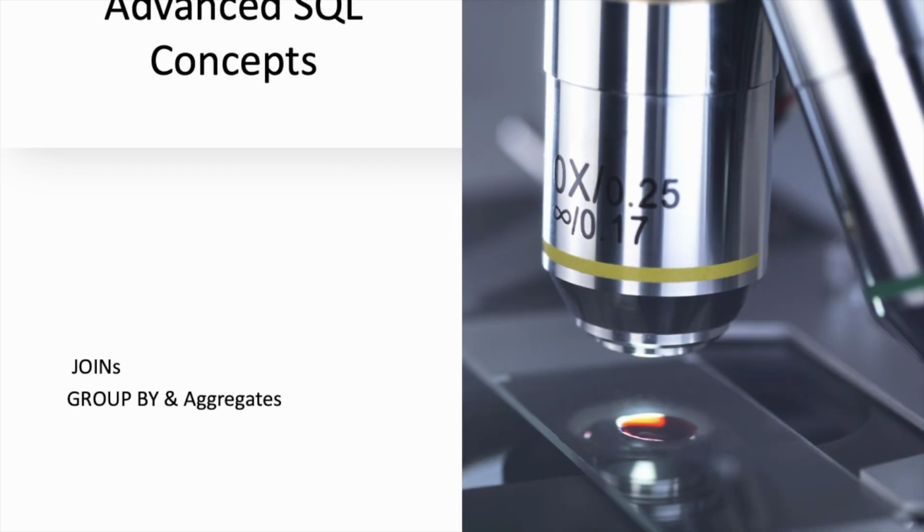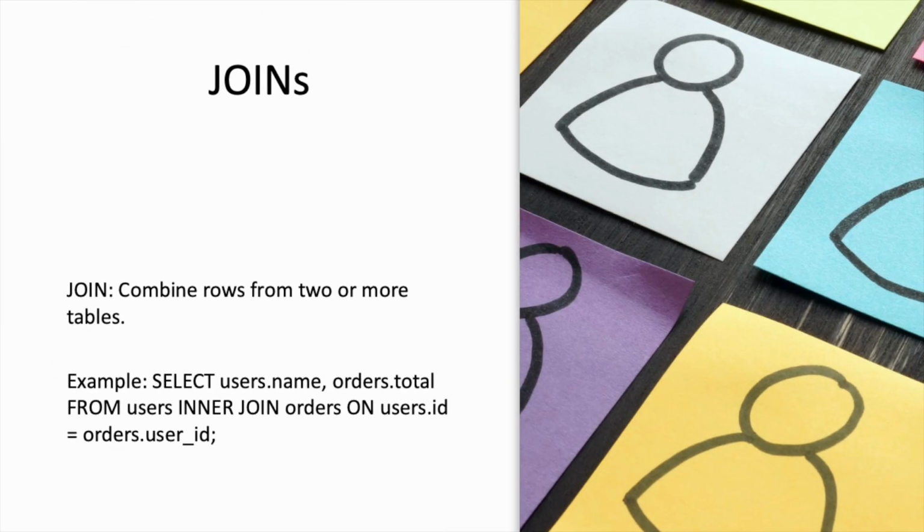Now we will discuss some other SQL concepts like joins, group by, and aggregate functions. Join is used to combine rows from two or more tables based on a related column between them. For example, if we have a users table and an orders table and we want to join both the tables, we have a common column between them which is ID.